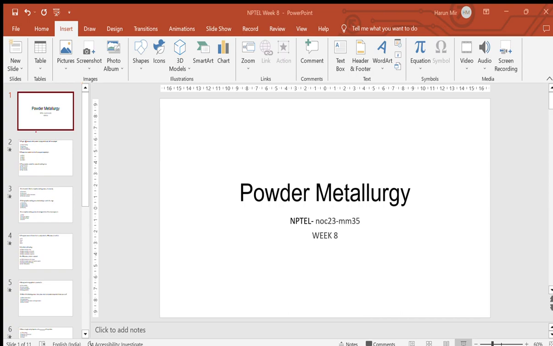Okay. So the question says that to get a 3D compact, which powder shaping technique will be employed? So we have different types of powder shaping techniques. Some are tape casting, extrusion, slurry casting, injection molding. So you have to say which of these techniques is used for 3D compacts.